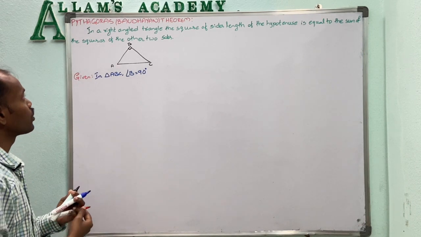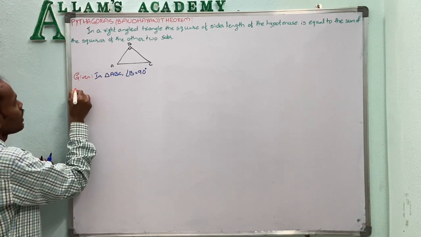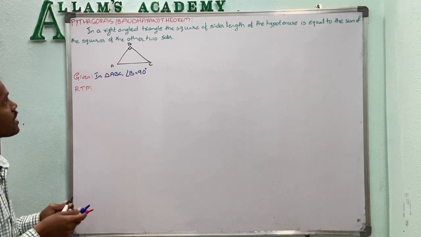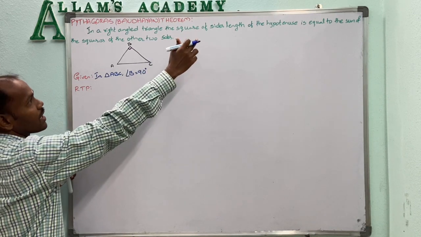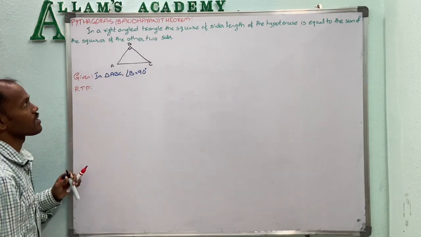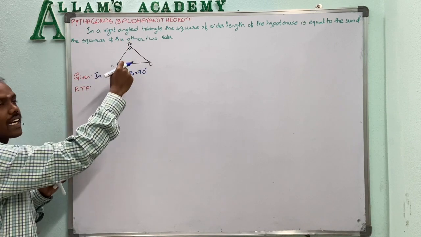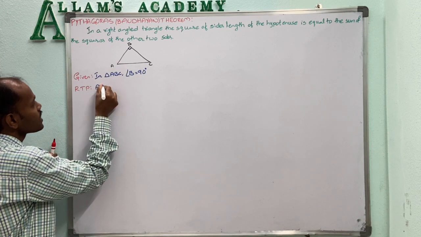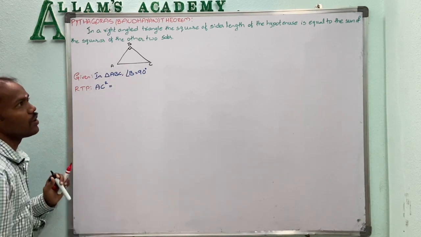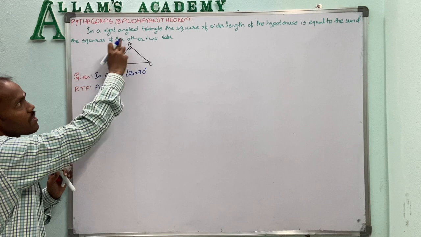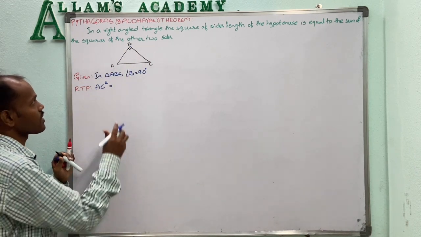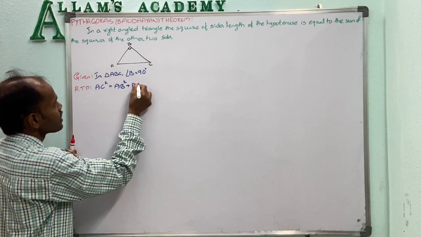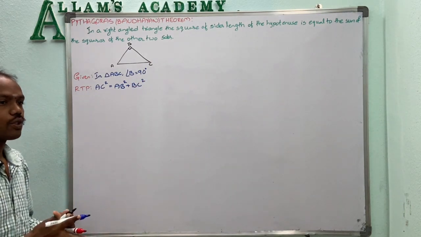Now we have to prove that, RTP, the square of the length of the hypotenuse. In a right angled triangle, the side opposite the right angle is the hypotenuse. So AC square equals the sum of the squares of the other two sides, that is AB square plus BC square, the remaining two sides.